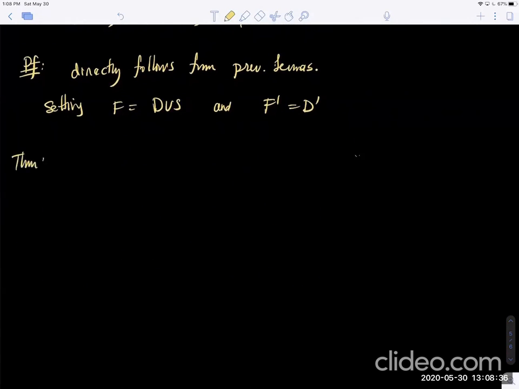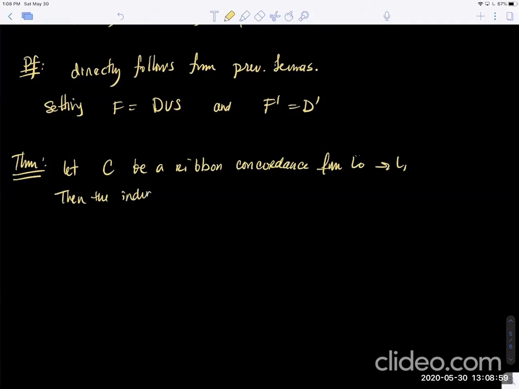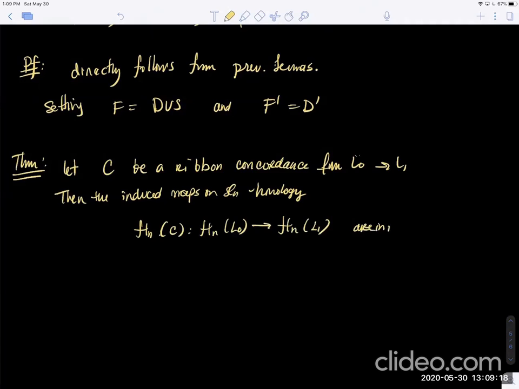The theorem itself, just as a reminder, tells you that if you let C be a Rubin concordance from L0 to L1, then the induced maps on SLN homology, Hn of C from Hn of L0 to Hn of L1, are injective for n bigger than or equal to 2. Why is that statement true? So let's actually just prove it.